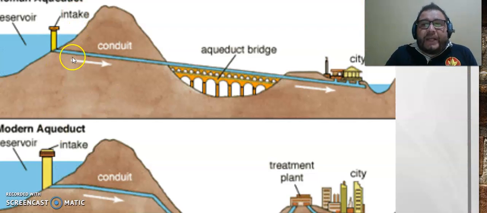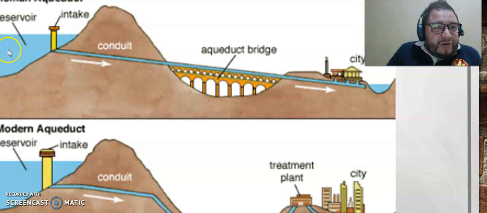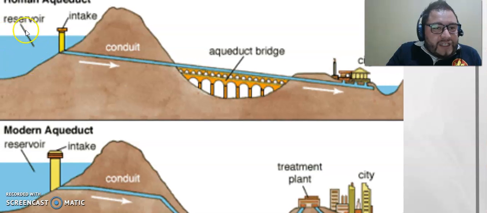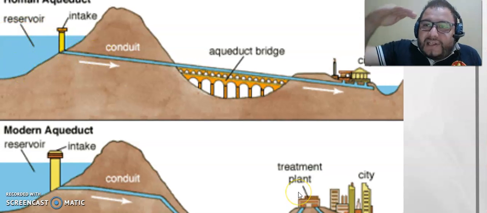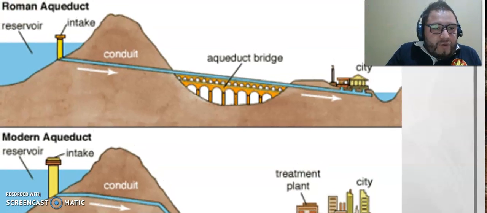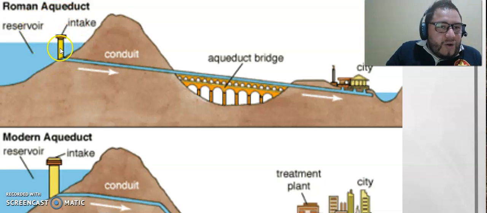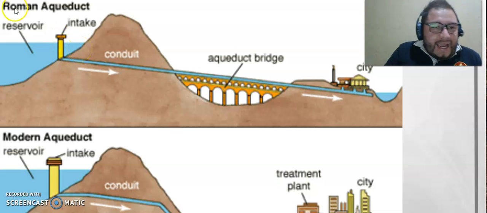This is the most important picture that I want you to see. This is the reservoir or the water or the lake. If you see, this is a little bit of slope, and for example, this is the Roman aqueduct example, right? Intake, this is the place where the water goes, right? It's like a special tunnel, and goes to the pipes, or tunnels, and goes to the aqueduct bridge, and then goes to the city.